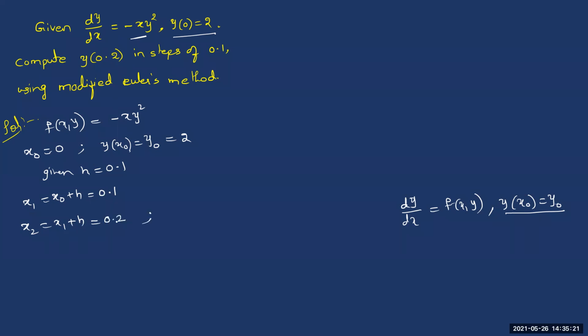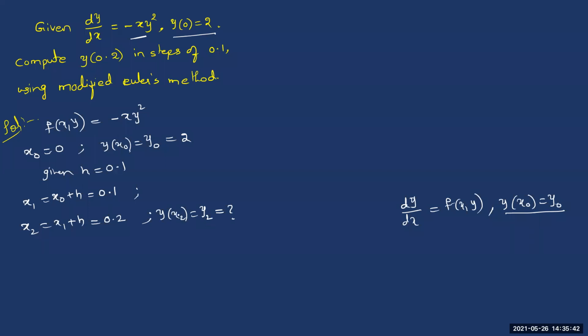Look at the question. You're asked to find the solution at 0.2, which means you need to calculate y at x₂. You can also write this as y₂. So we need to calculate this y₂ actually. But to calculate y₂, we must know the value of y₁.